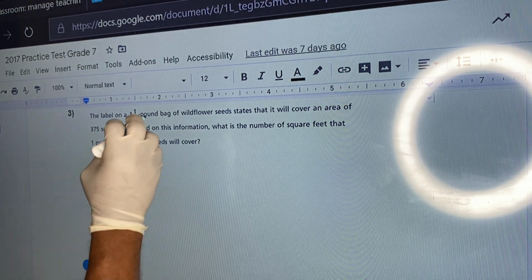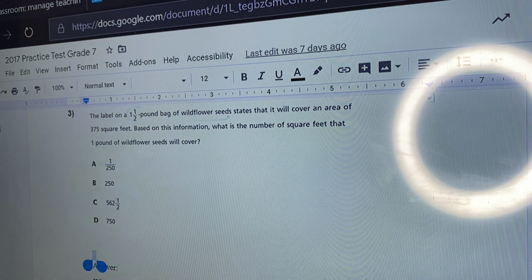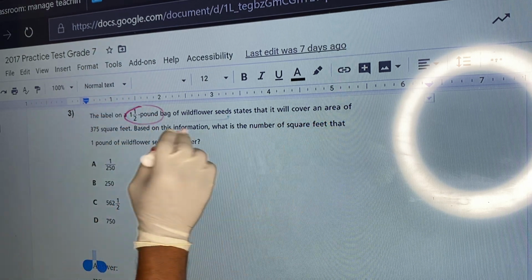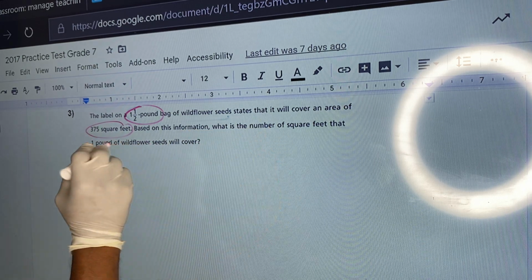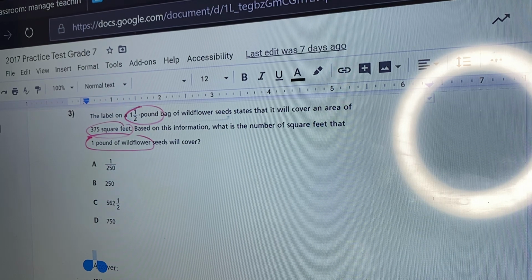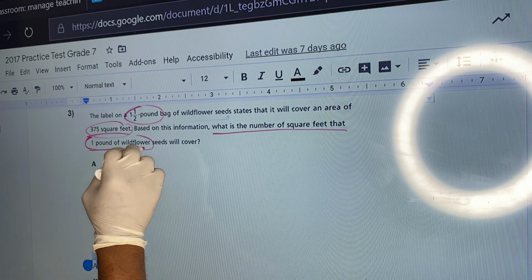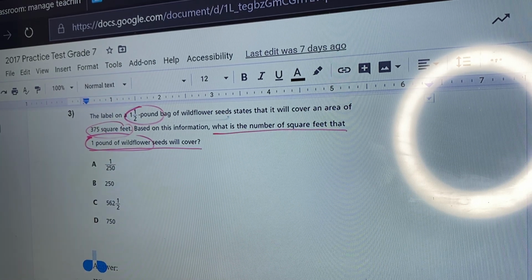you have Q's method. Okay, we cover area 375 square feet. Based on information, what is the number of square feet that 1 pound of wildflower seeds will cover.